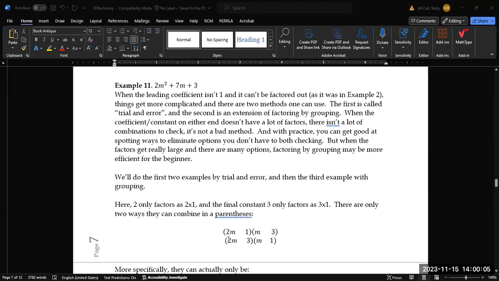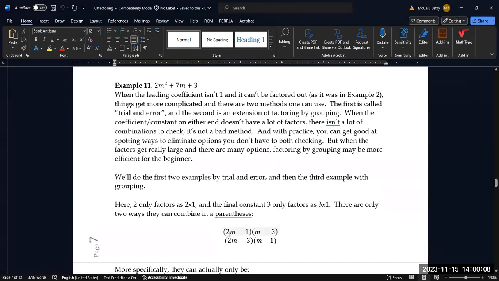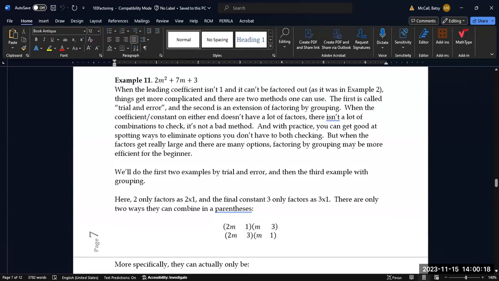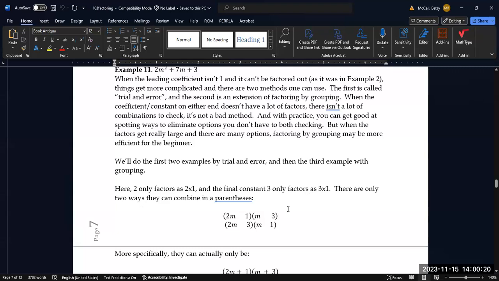And so our only concern here is to figure out, does the 2 multiply the 3 or does the 2 multiply the 1? And so these are our only forms of factors that we can have for this particular expression. And since all of these terms are positive, all of these parentheses will also only possibly be positive.